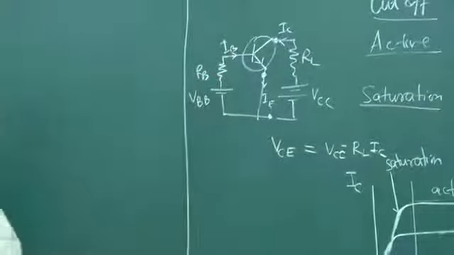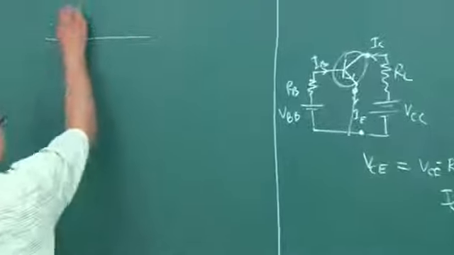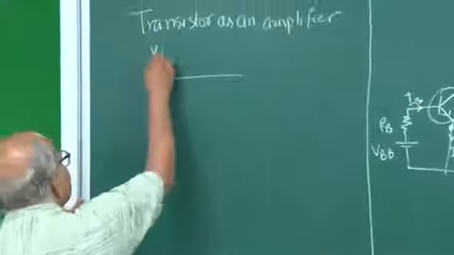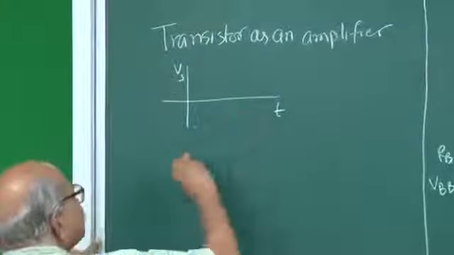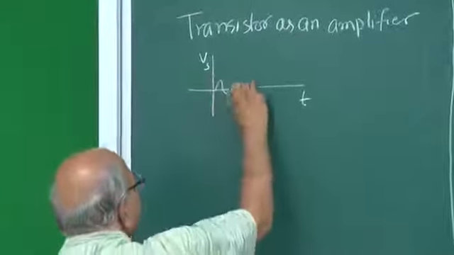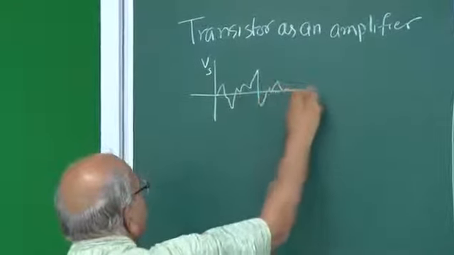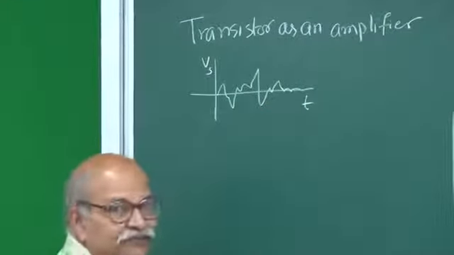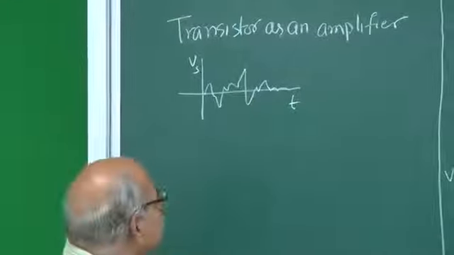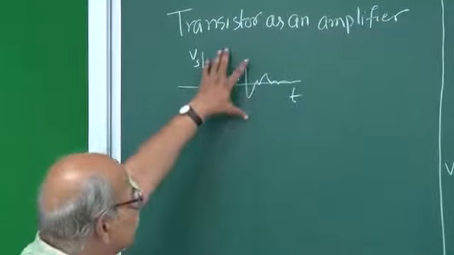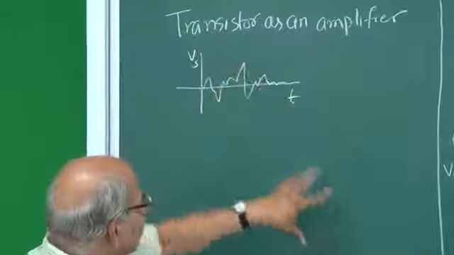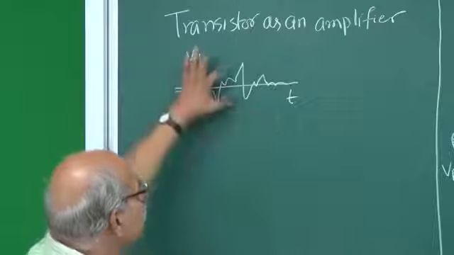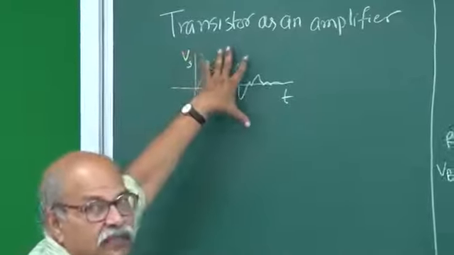If you draw this voltage signal as a function of time, it could be some kind of time varying signal. And what we wish is that a similar signal is generated after amplification, only the amplitudes are now larger.